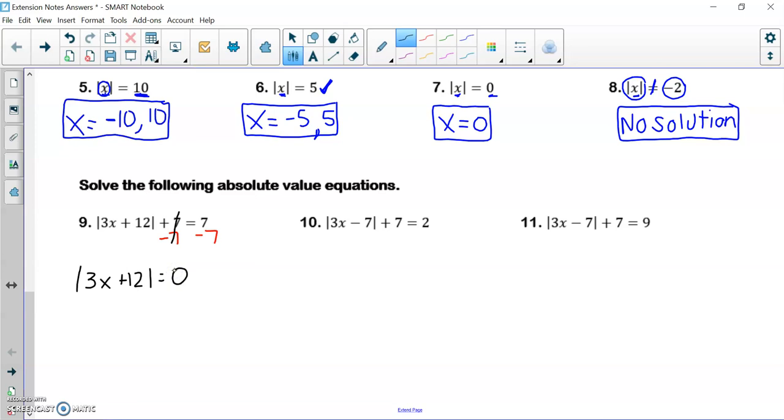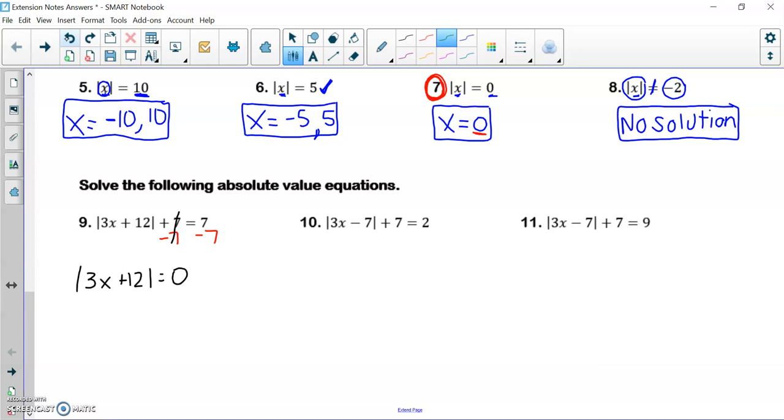Now when we look back up at number 7, when we have the absolute value of something being equal to 0, we only had one solution because 0 is a neutral number. So same thing in number 9, since we have the absolute value of something being equal to 0, we're only going to have one solution because 0 is a neutral number.